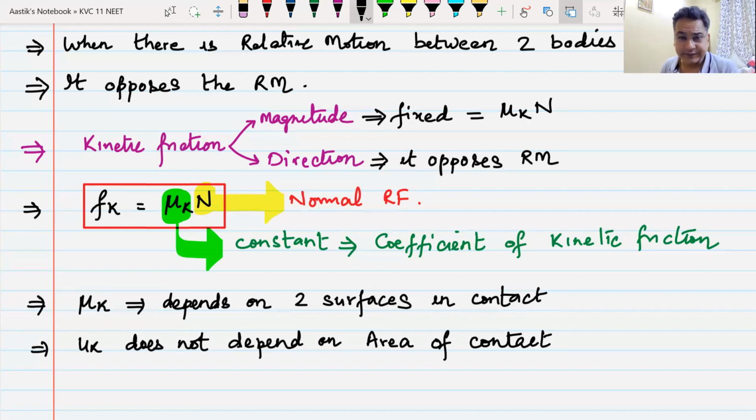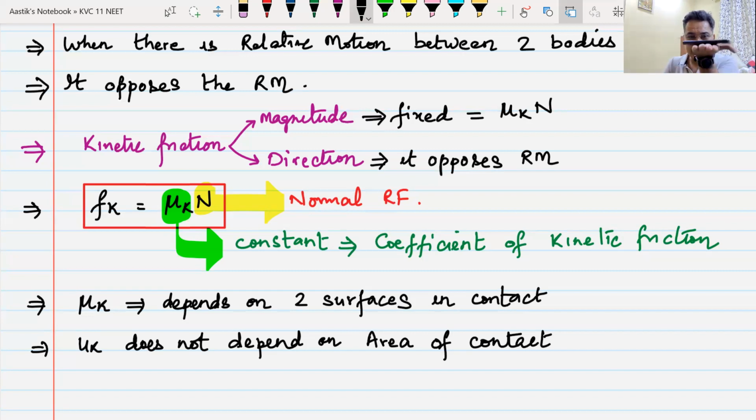Do we understand this? If I have a body, this is the surface, and this is the body. If I keep it like this, or like this, the value of mu k does not change unless the surface changes. Here it will change because this surface is different compared to this one.